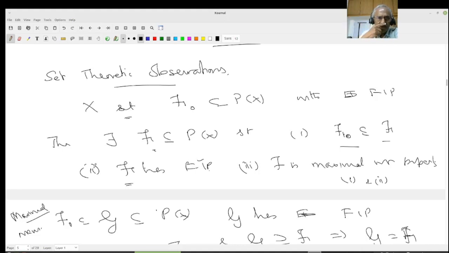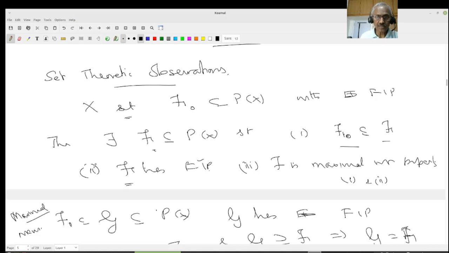If that be the case, by Zorn's lemma, what we proved was that there exists a family F, which is a subset of P(X), that is a family of subsets of X, with what properties? One, F naught is contained in F. Two, this F also has the finite intersection property; we have enlarged it. And the third property is very important: F is maximal.